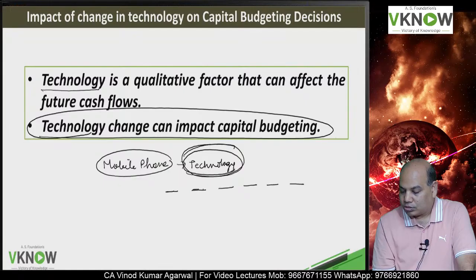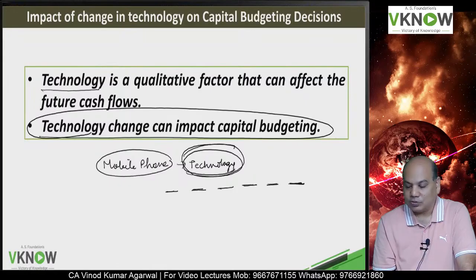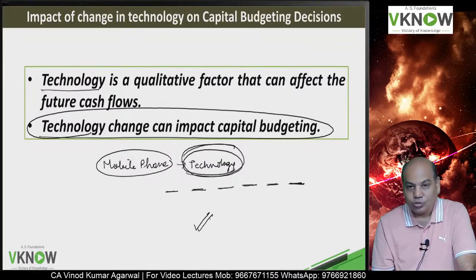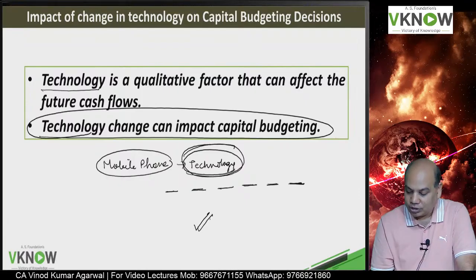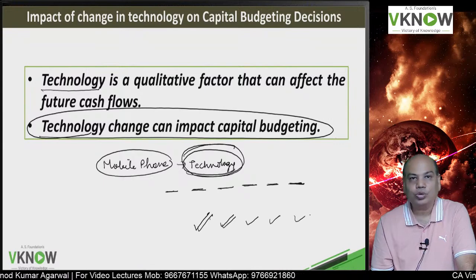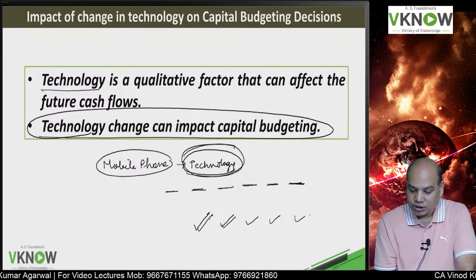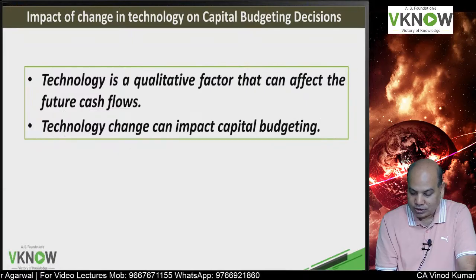Will you be able to provide the same product with the same technology over 6 years? No, maybe after 2 years better technology is available in the market, and therefore the demand for your product may go down. So change in technology can affect your business.